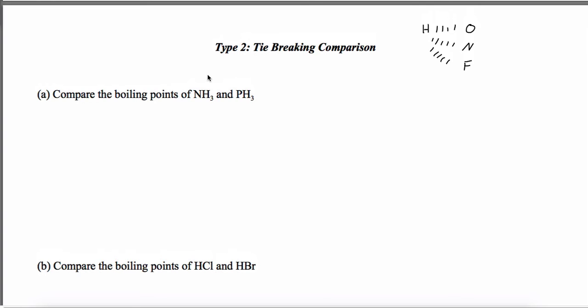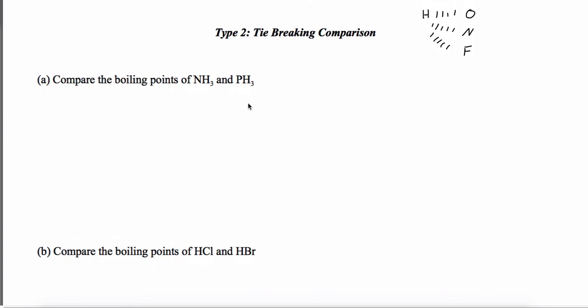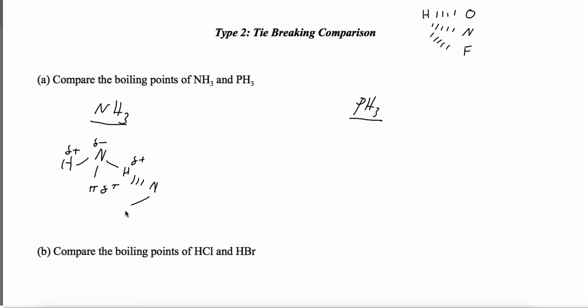Okay. So let's first off just compare these two guys. Let's do the same thing we did there. In this case, I'm just going to jump right to the Lewis structures. These are both polar molecules with a partially positive there. And that's going to be a dipole-dipole bond with that partially negative N right there.